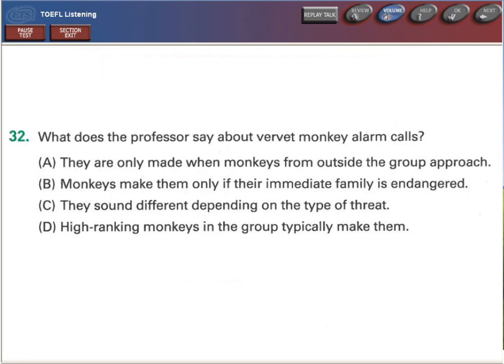32. What does the professor say about vervet monkey alarm calls?